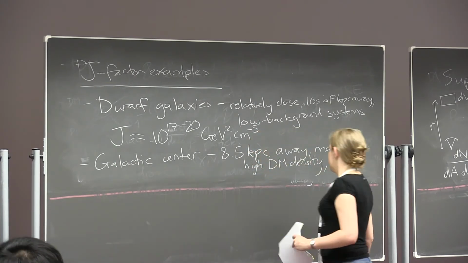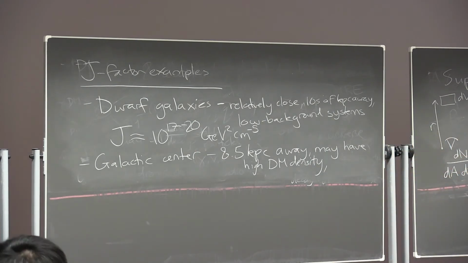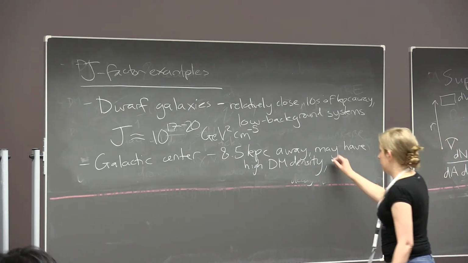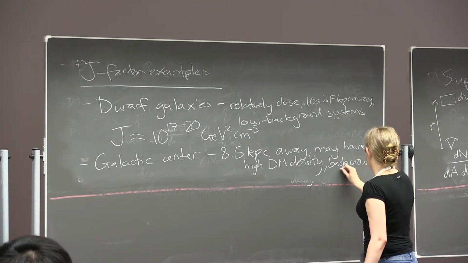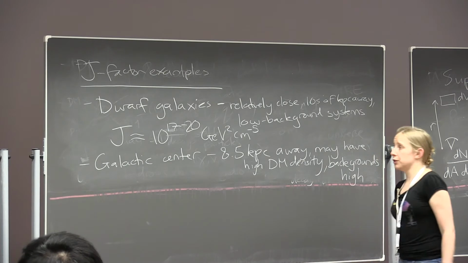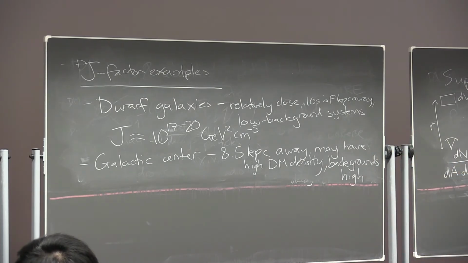The danger of the Galactic Centre is that for certain signals, the backgrounds can also be very large. The Galactic Centre is a great place to look for gamma ray lines, like spectral lines, and other signals where the astrophysical backgrounds are rather low.